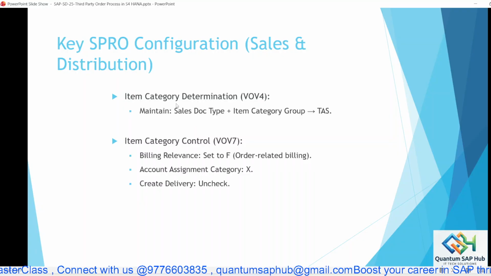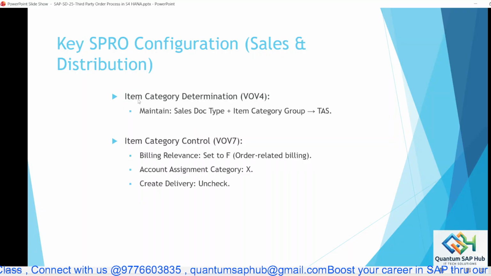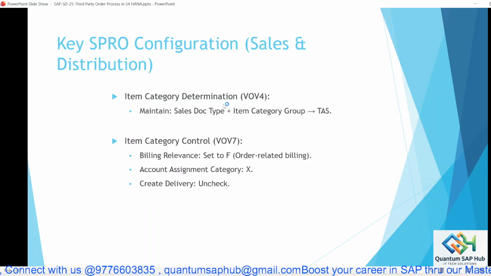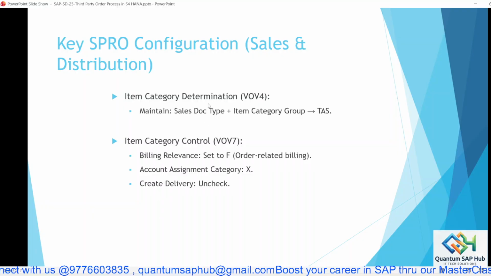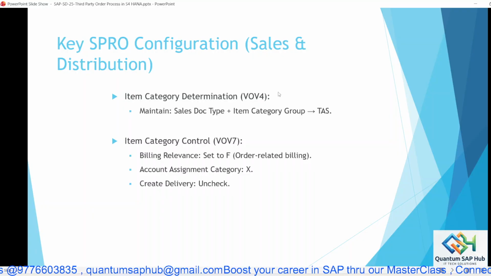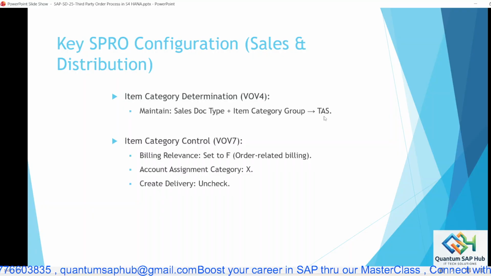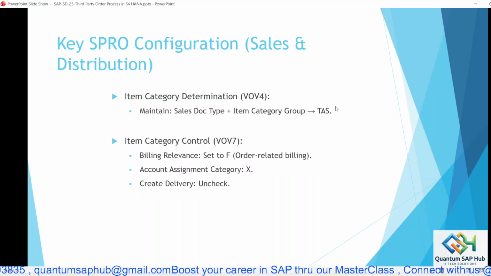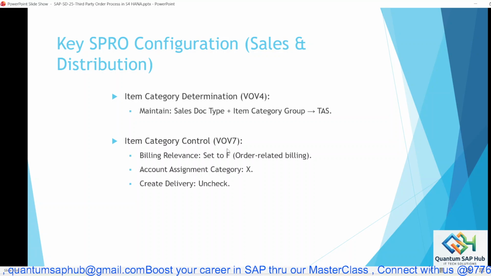Configuration: you do this in your item category determination, for your sales order. Here the item category group is BANS, the third-party goods. So TAS will be automatically determined.